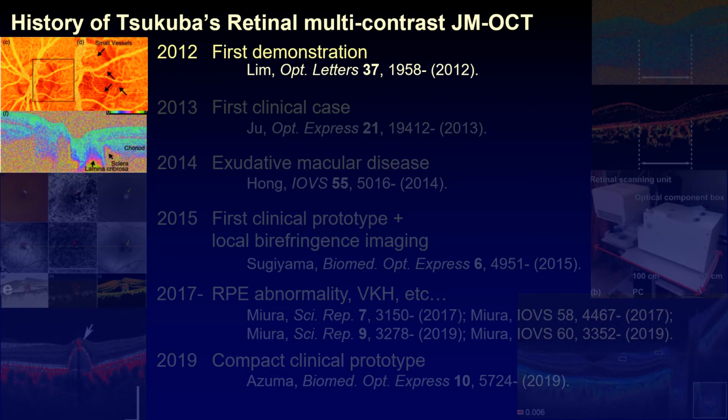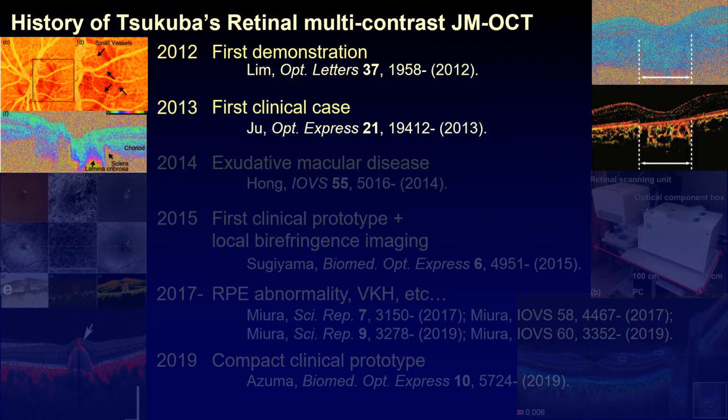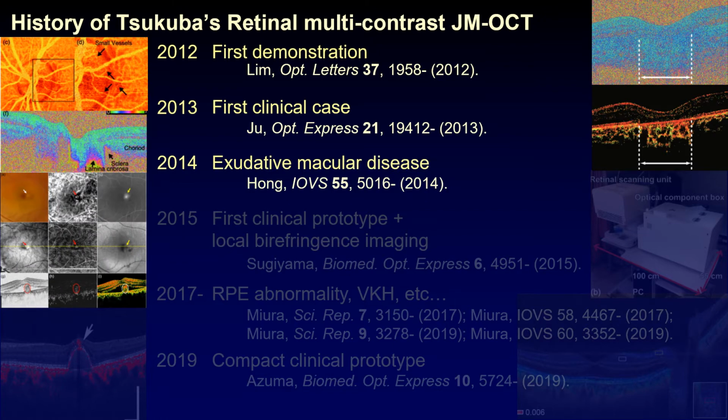My group has been working on retinal polarization-contrast Jones-matrix OCT for a long time. The first demonstration was in 2012, and in 2013, we did the first clinical case measurement. In 2014, we applied this method to the investigation of exudative macular diseases.